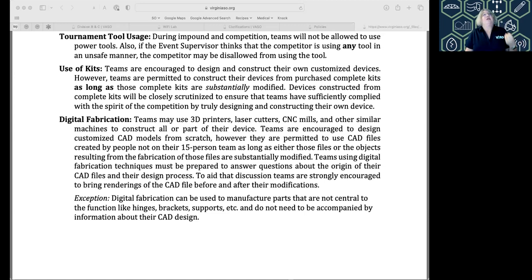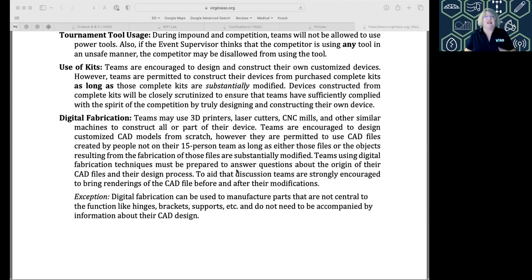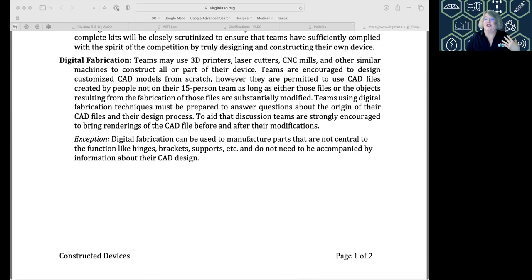Now, information about 3D printing. I'm going to show you a specific building event's rules, but in the design log for all of the building events, it is required that students, if they do any digital fabrication, submit information about it. They should expect questions about what they did with the digital fabrication.